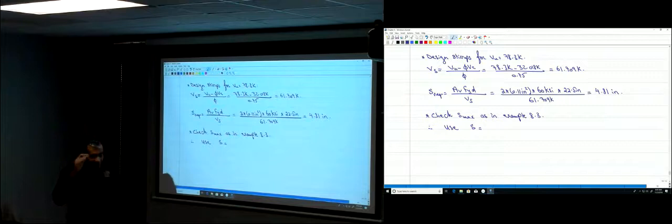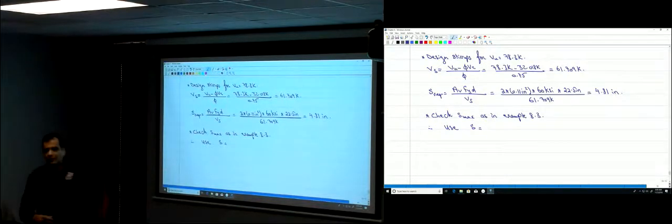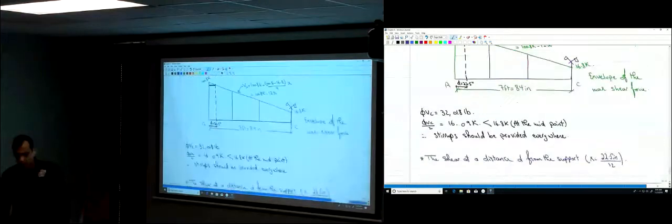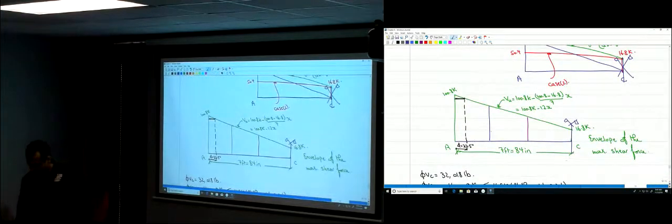You have to round it down. I'm going to round it to the nearest inch, so 4 inches. So the spacing is 4 inches. S is 4 inches. That's the first region here.